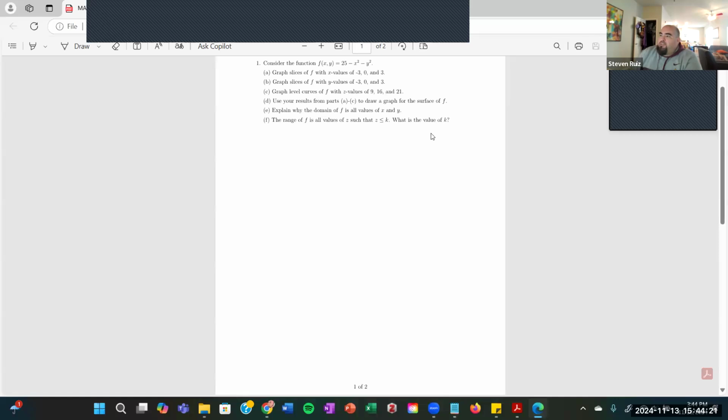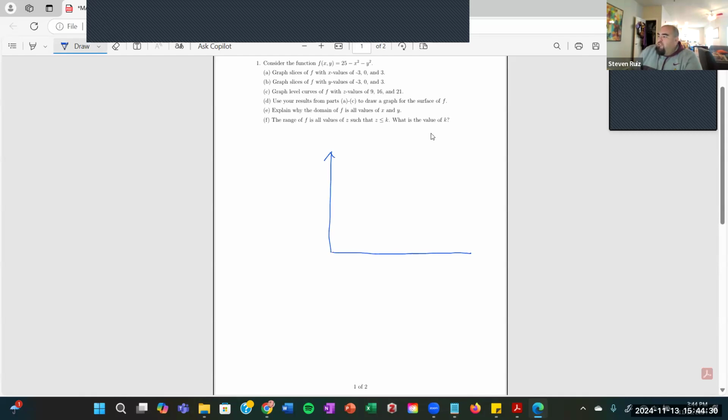So first I want to graph slices of this. First thing I'm going to do is draw myself a coordinate system, which has three variables. One thing I want to impress on you is that I am, by default, asking you to use the wrong tool for the job.